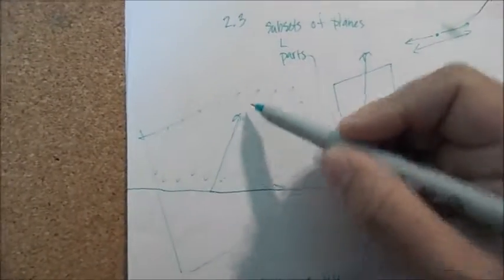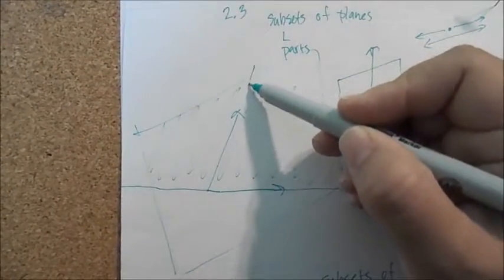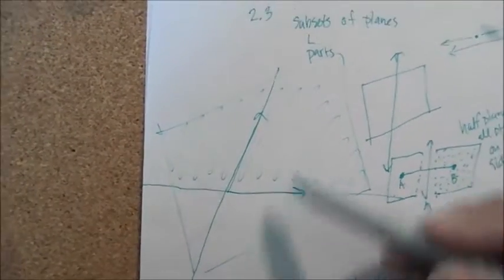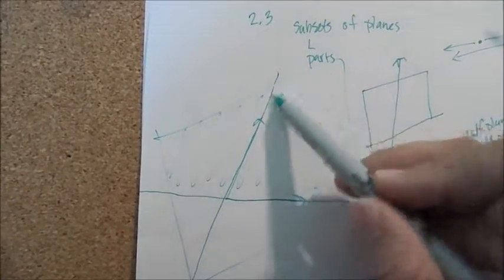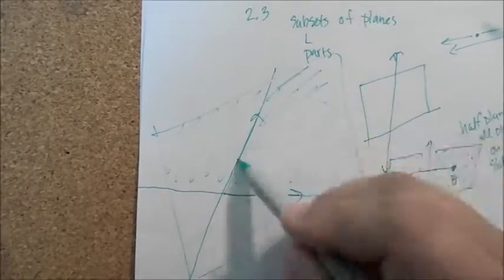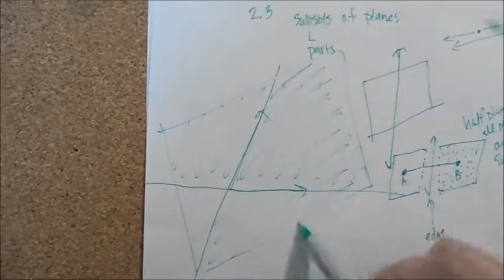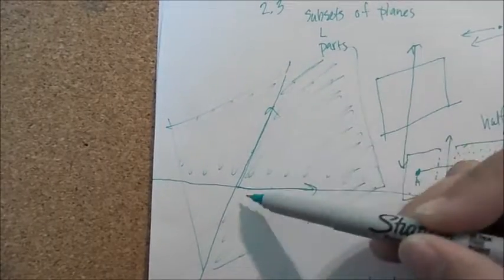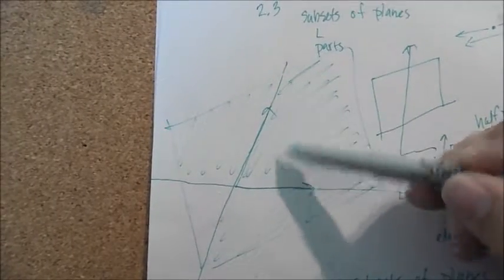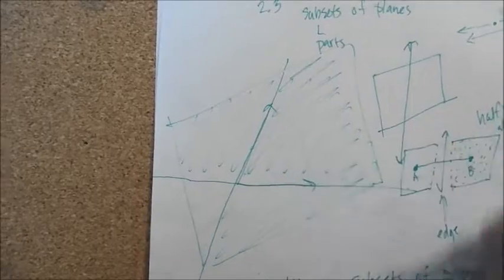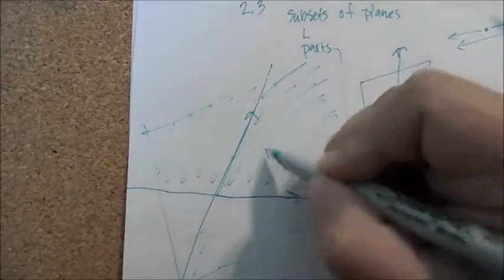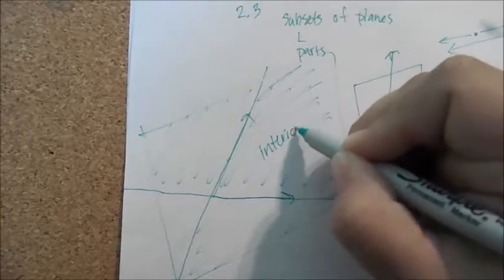Then you start over and take your plane and break it into 2 with this one, and then you shade this side. So what you should be able to notice is that the part that was in between these two, that's on the interior, it got shaded twice. So that's how they're trying to describe the interior.